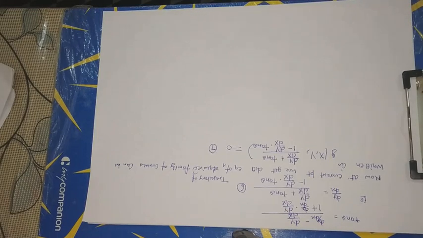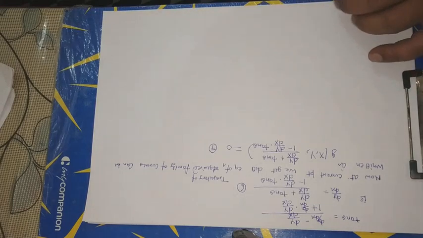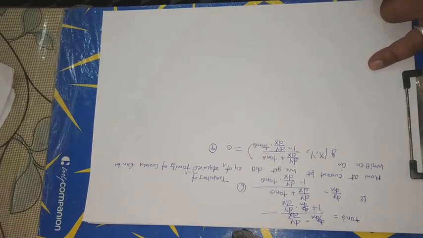Now, this is the oblique trajectory in Cartesian coordinates.